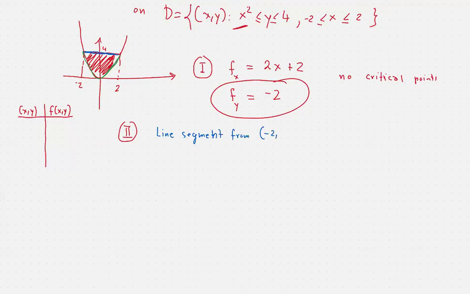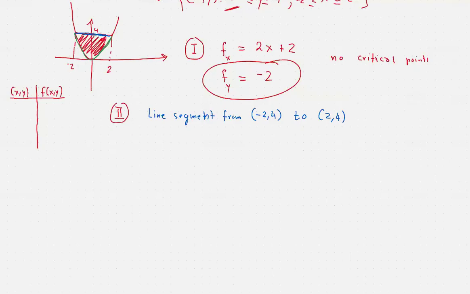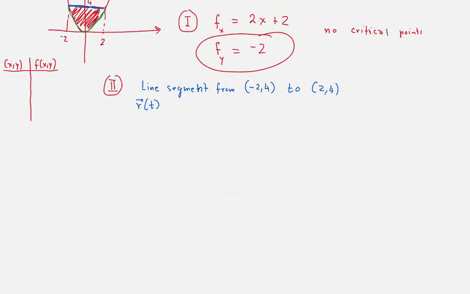So here we need to parameterize it, and maybe the easiest parameterization that we could do here is to just think of it as t, 4 for t running between -2 and 2. There are different parameterizations. We could also do 1 minus t times the first point plus t times the second point, which would give a slightly different parameterization.